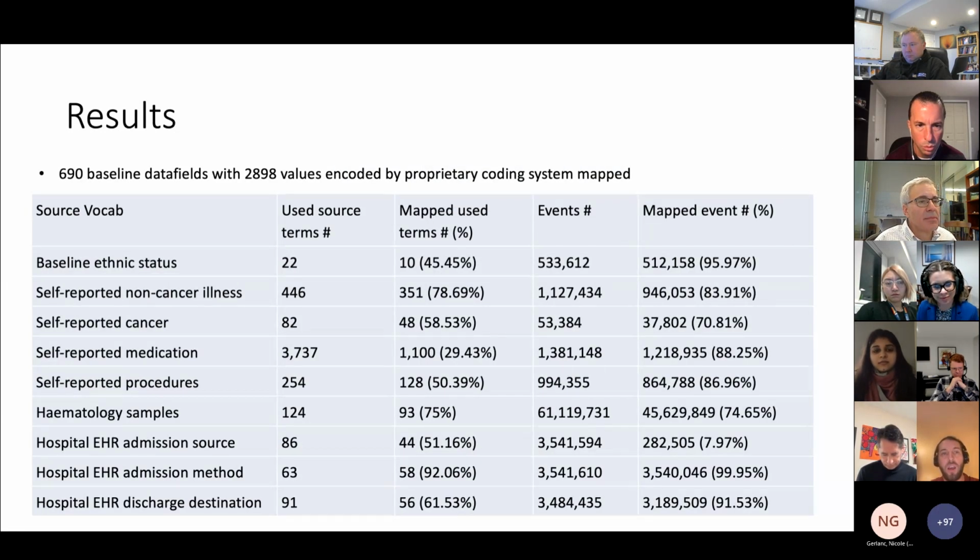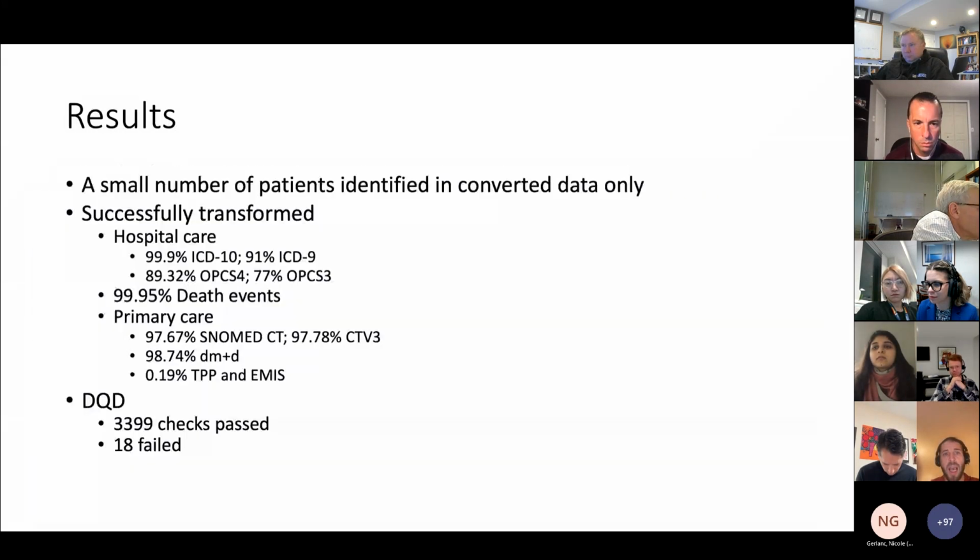In total, we mapped about 700 baseline data fields from those 8,000. We mapped about 3,000 values, all of those which are somehow related to COVID-19 research. We found a small number of patients who were identified by our phenotype definitions in the converted data only, which is actually quite an interesting drawback.